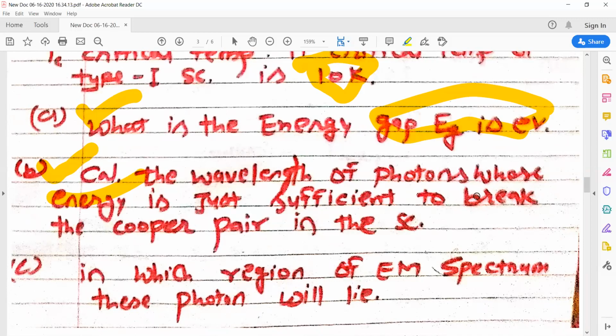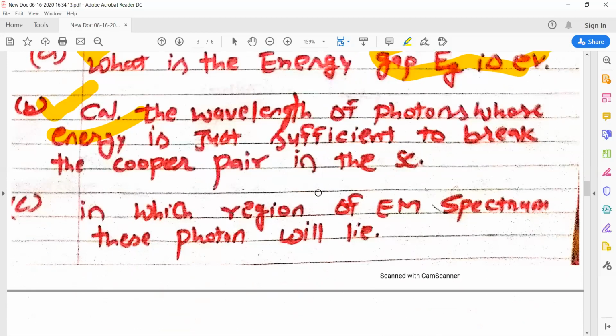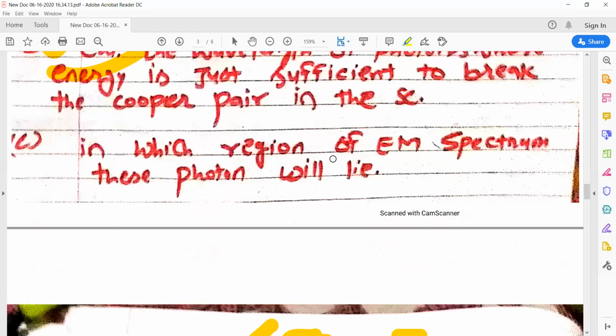So if I give a photon equivalent to that energy gap, then the Cooper pair will break, and they go to the normal state. So we need to find the wavelength of that photon.